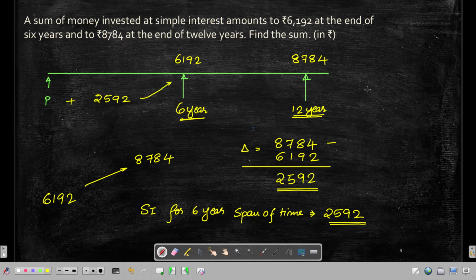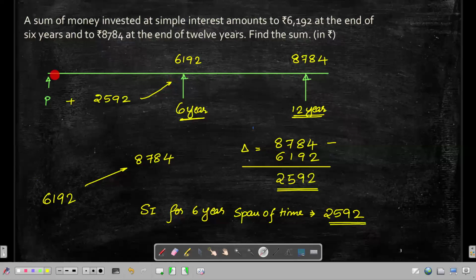Got the point? Because the frame of reference is from the beginning. In the first 6 years, the money has grown and become 6192. The simple interest for these 6 years is nothing but 2592 because it follows linearity, right? So I can see that the principal plus 2592 should give you 6192.